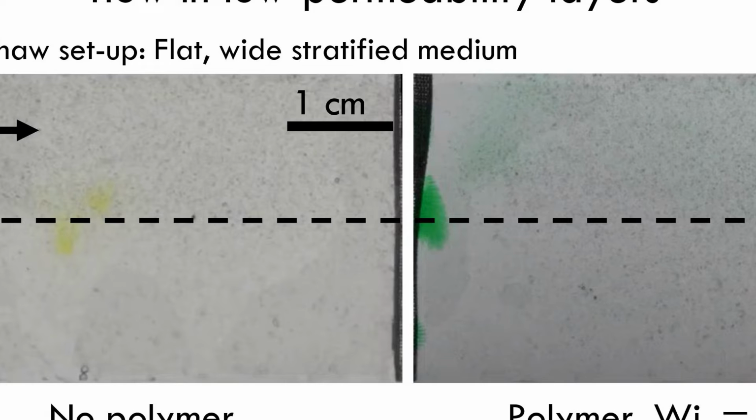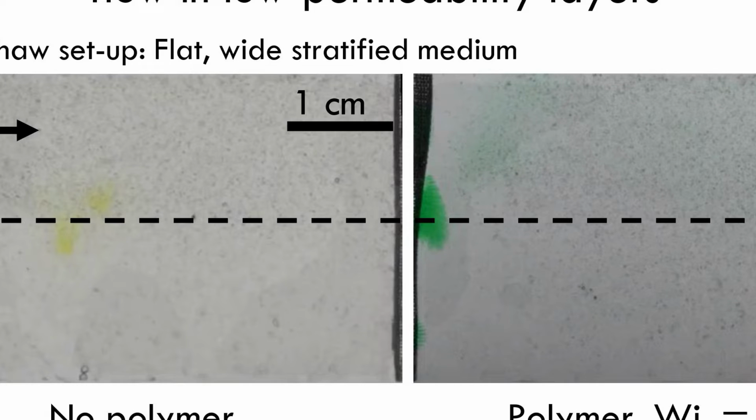So what I have here is a Hele-Shaw setup, and this is a model of a stratified medium. At the bottom is a high permeability coarse layer, and at the top is a low permeability fine layer. I'm flowing in a dyed solution with polymers on the right and no polymers on the left at the same flow rate such that I'm able to achieve a Weissenberg number around where we would expect some instabilities to occur.